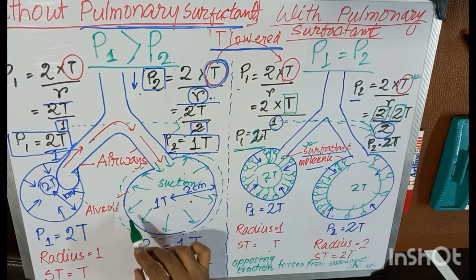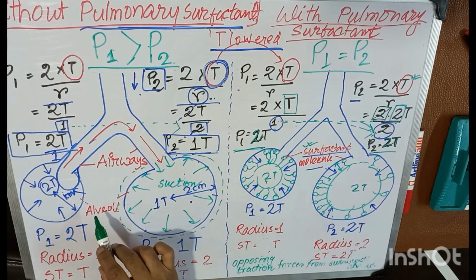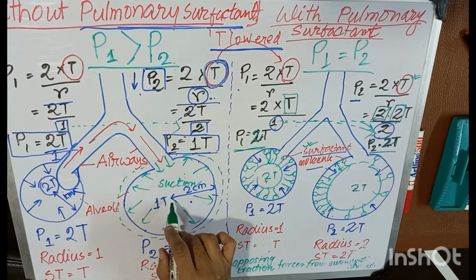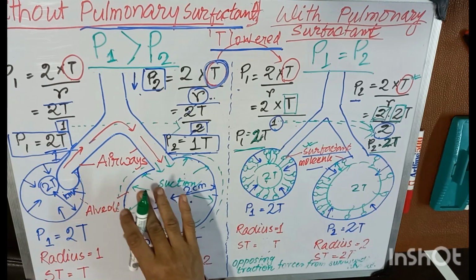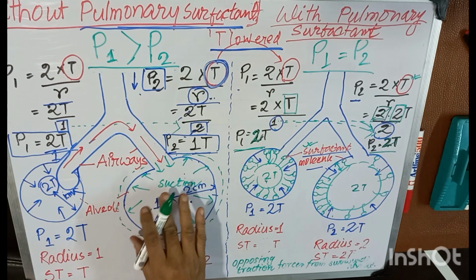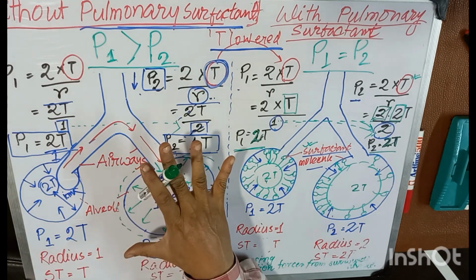But without surfactant molecules, the pressure got lowered and there was a suction kind of thing, and all the alveoli would have opened up into this larger alveolus, and the larger alveolus would have got even bigger.